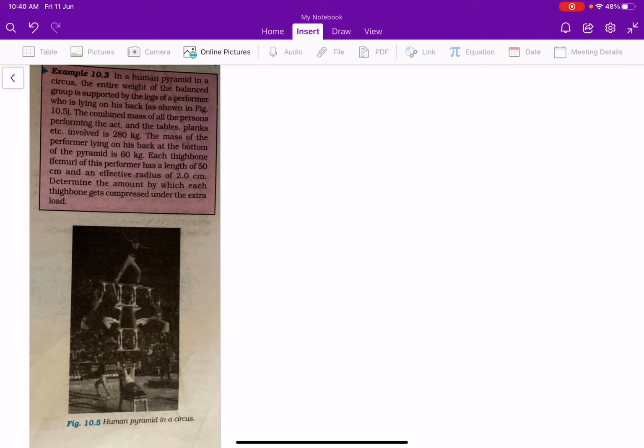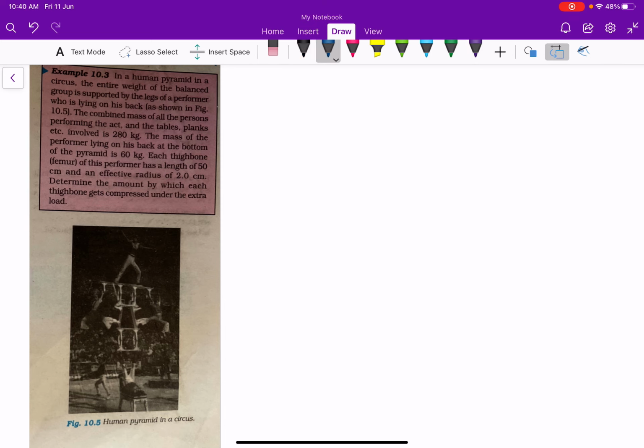See here, in this example, this person is a human pyramid. In a human pyramid in a circus, the entire weight of the balanced group is supported by the legs of the performer who is lying on his back, with his legs stretched like this.